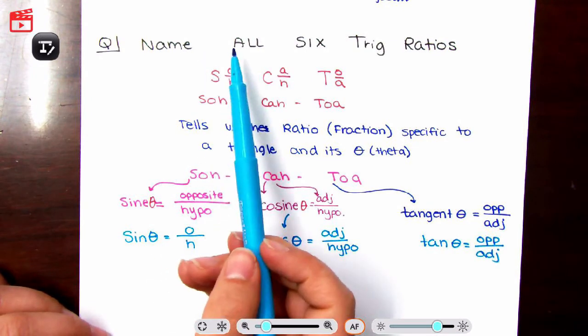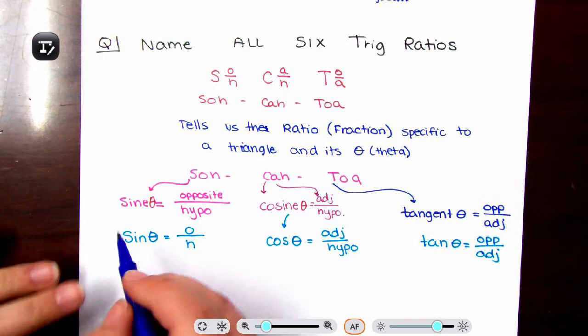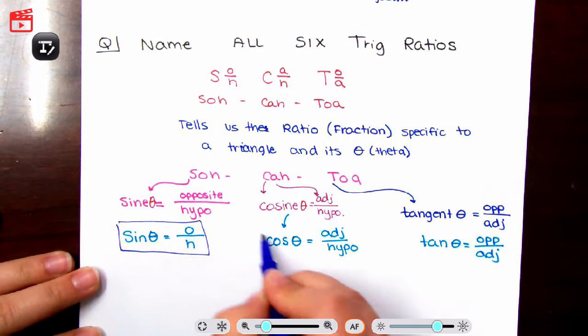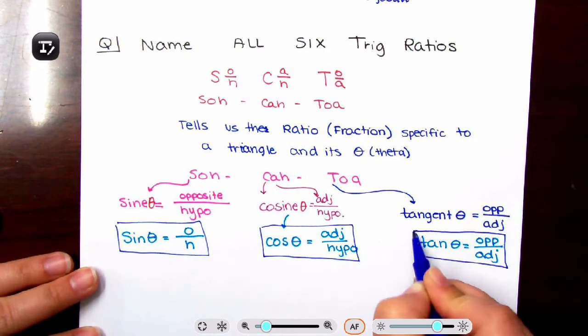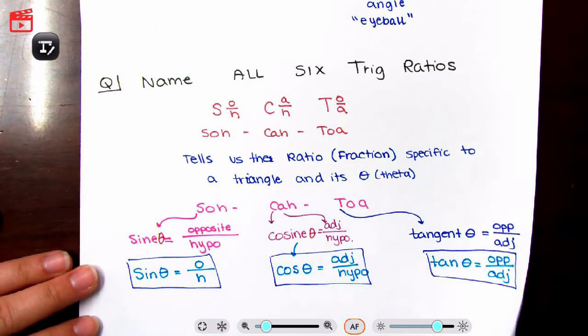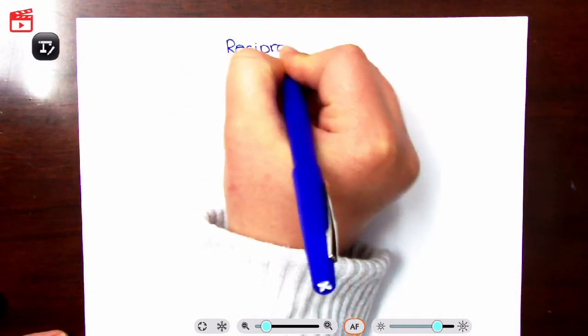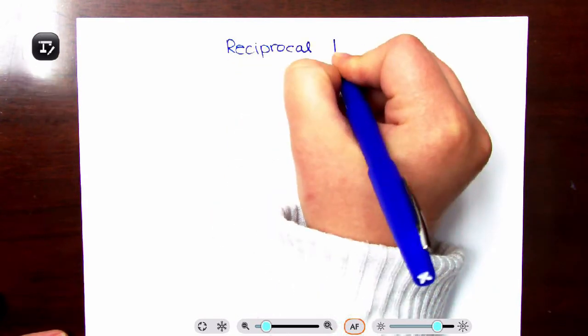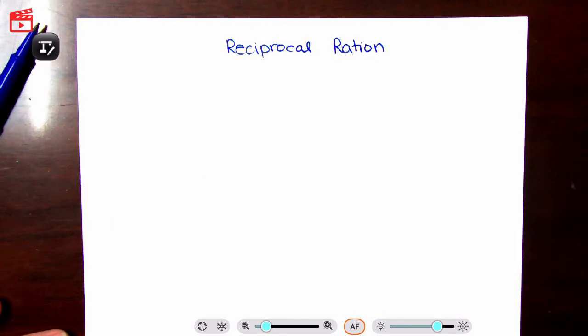Now, it's weird because it says name all 6. Right now, we only have 1 ratio, 2 ratios, 3 ratios. What are the other 3? Well, the other 3 are called the reciprocal functions. Or you can say ratios, not rations, ratios.